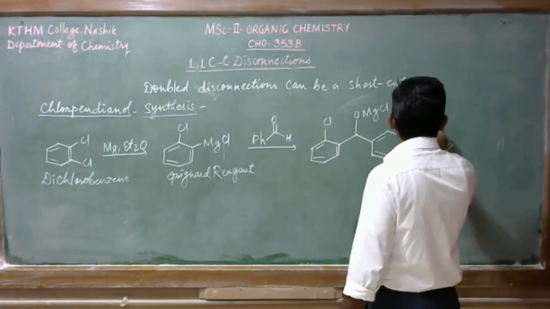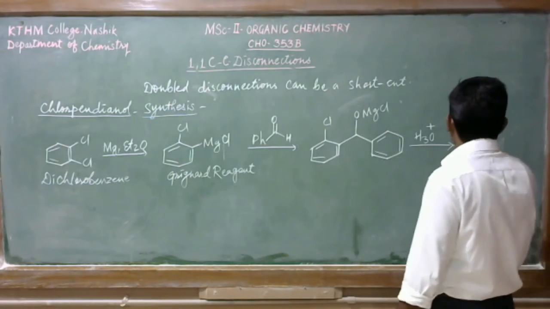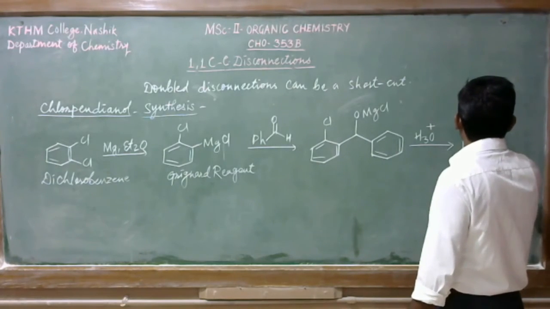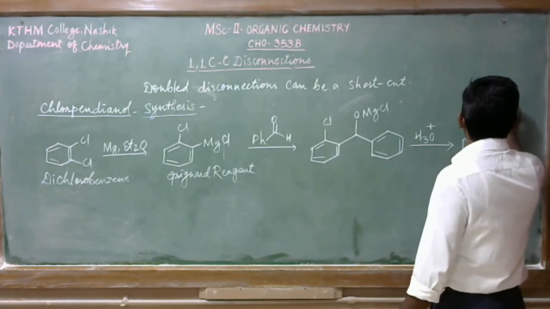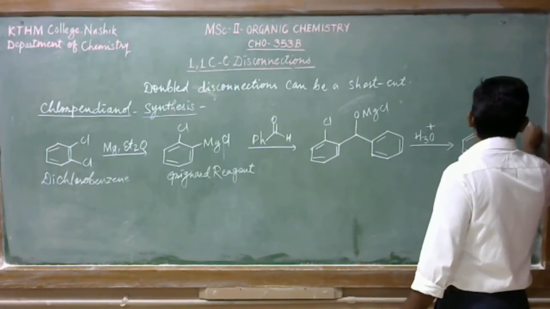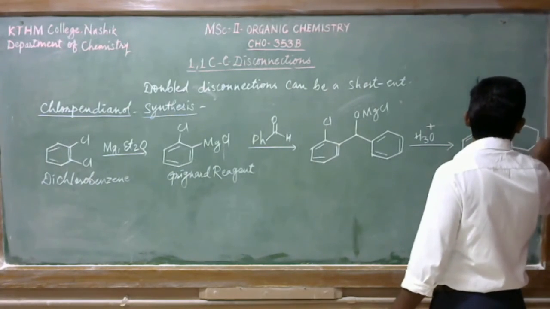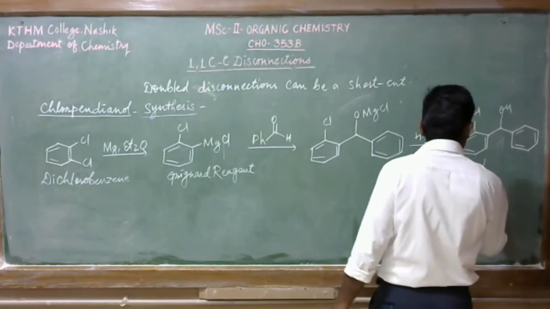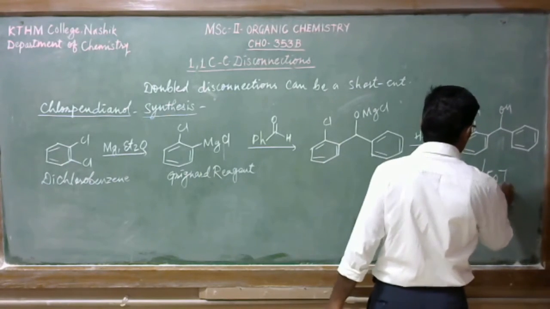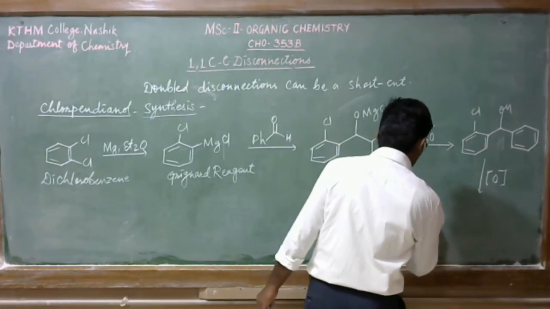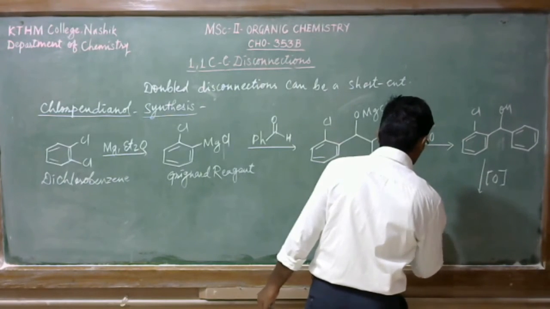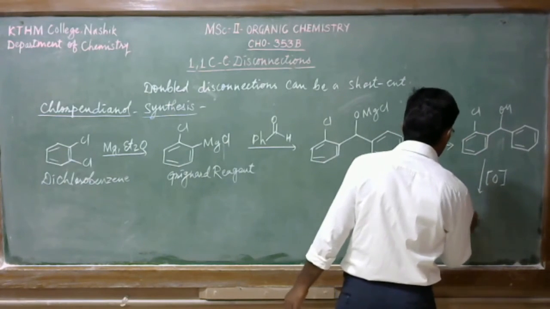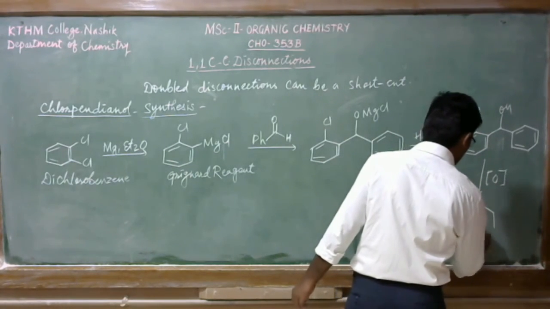Finally, on acid hydrolysis, it generates this secondary alcohol. And finally, the oxidation of this secondary alcohol, we could generate our desired target molecule.